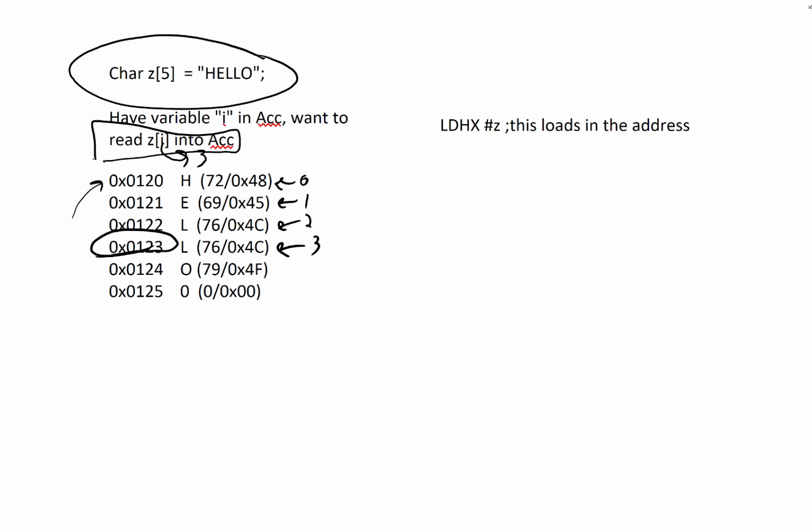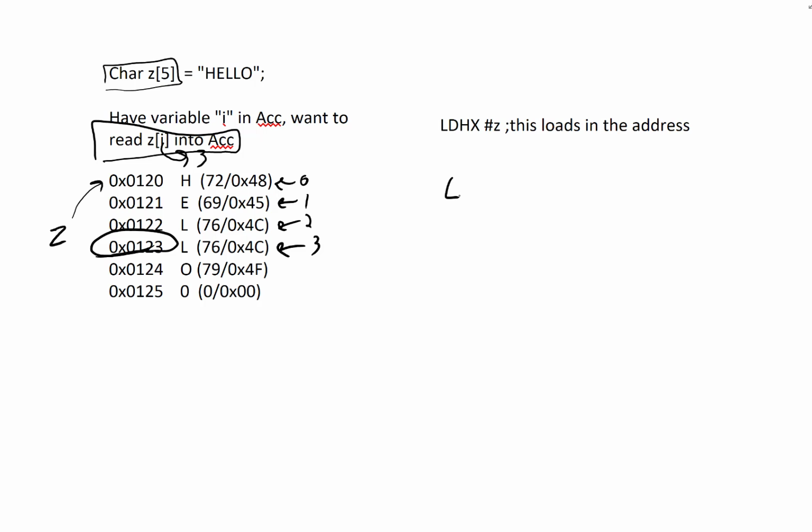But how do we get there? Clearly what I want to do is load in something having to do with Z into the HX register. But I don't actually have this character array Z. What I've got is something I've defined in assembly. We haven't talked about what that is yet, but Z is, for all intents and purposes, the start of the array. It's a value that the assembler knows is 120.